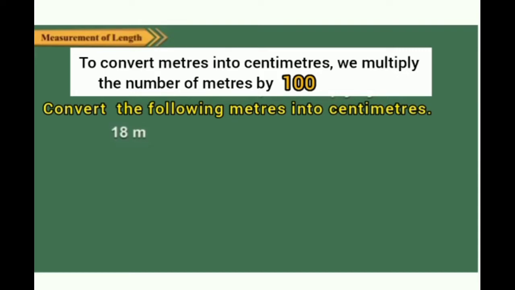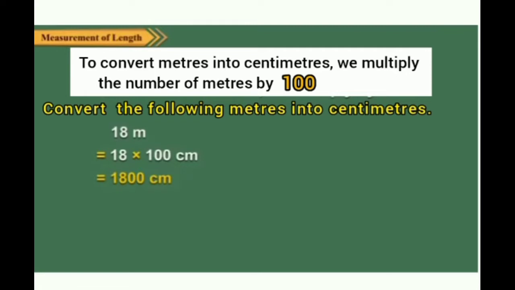To convert meters into centimeters, we should multiply the given number by 100. So here the number is 18. So we should multiply the number 18 by 100. That is 18 into 100 centimeters. When we multiply 18 into 100, the answer becomes, yes, 1800 centimeters.